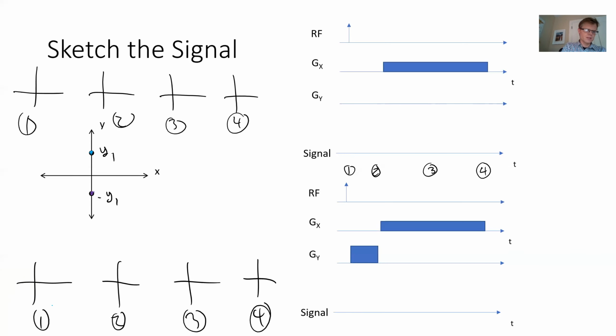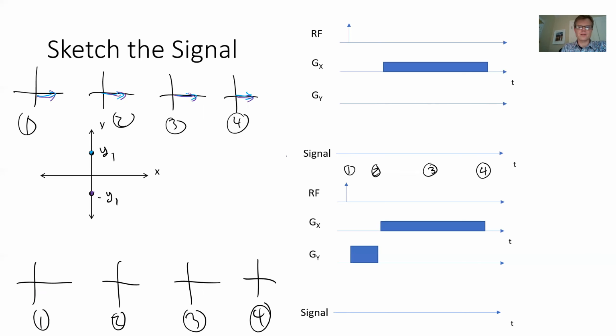In the first case, we tip our net magnetization, and since it's at a position of 0 in x, there's no effect of the x gradient, or the frequency is dependent on the position in x. The position in x here is 0, so there's no effect there for either one of these.